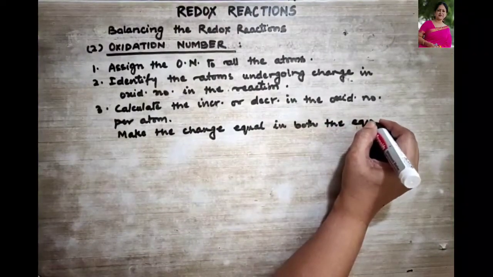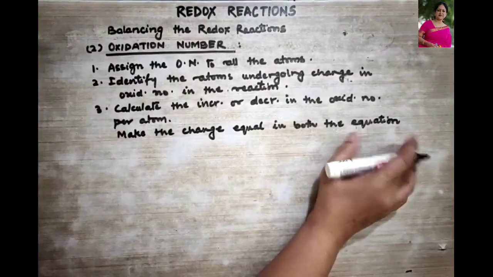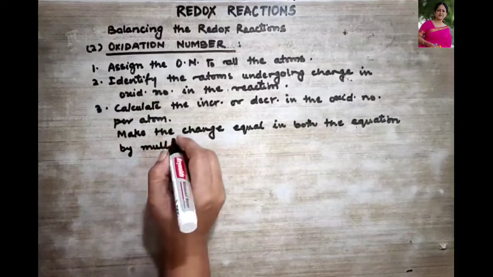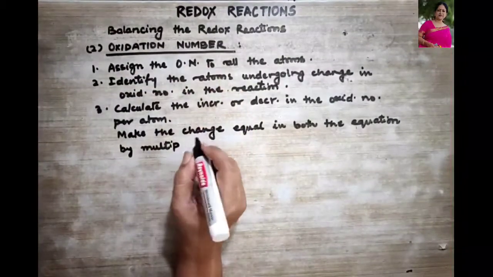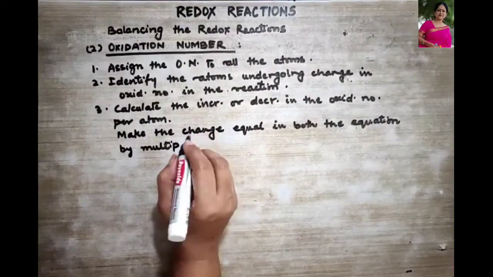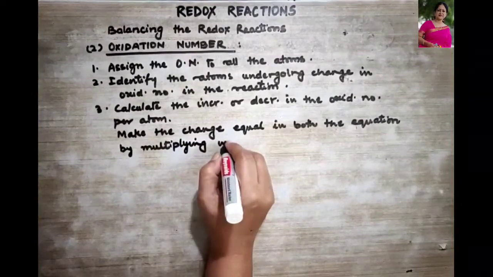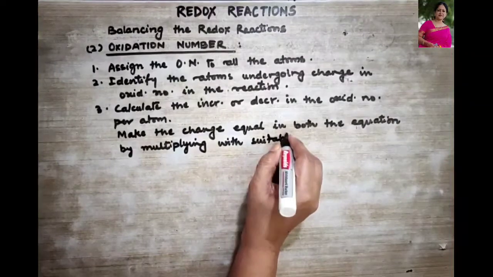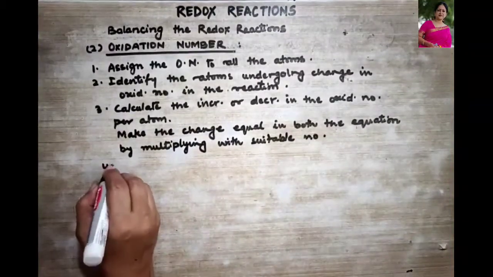Over here, both the equations I mean to say the reactant and the product side, by multiplying. Now remember that in oxidation number balancing we never do division, we always multiply, multiplying with a suitable number or integer, whatever you can say.